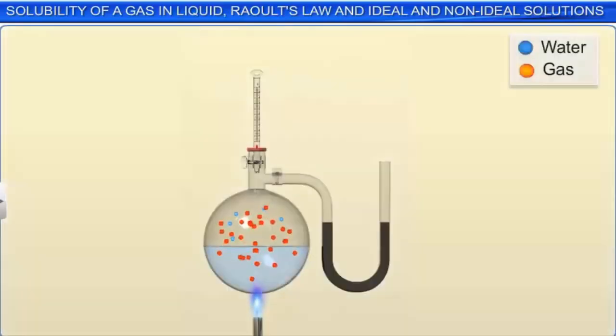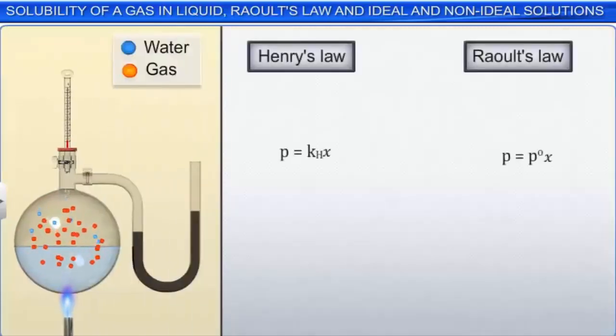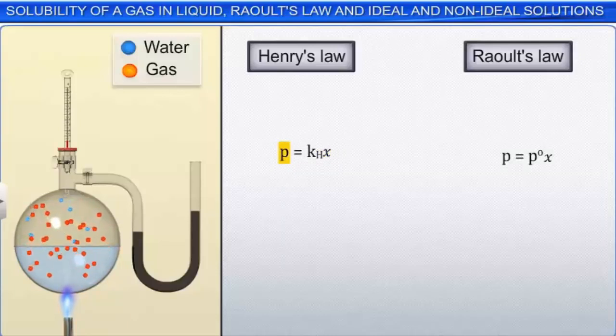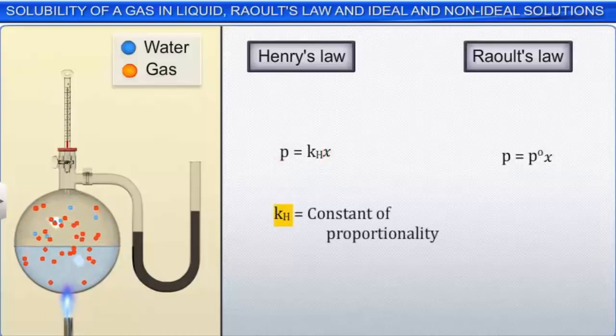Now, if one of the components in the binary solutions is considered to be highly volatile, such that it exists as a gas, then, as you know, its solubility is given by Henry's law, P is equal to KH X. As can be seen from the equation, the partial pressure P of the highly volatile component or gas is directly proportional to the mole fraction X, and KH is the constant of proportionality which can be equated to P naught.